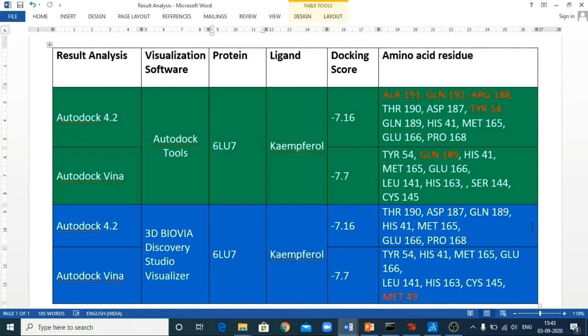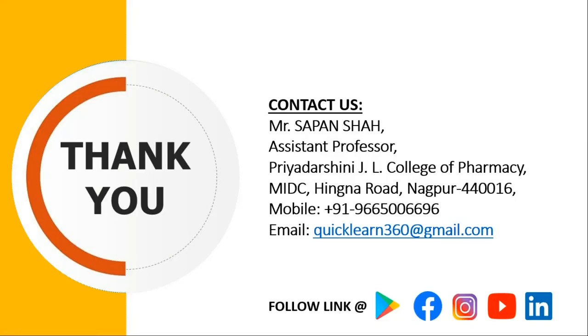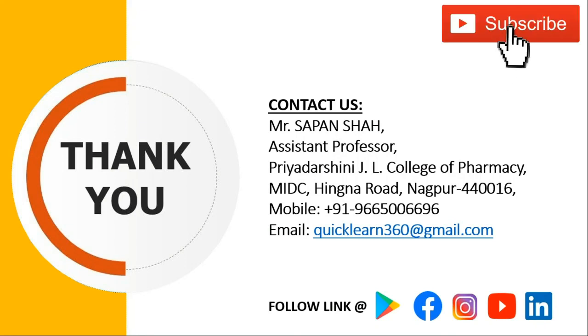Thus, depending on your ease of work and choice of method, you can go for any visualization software. So I hope this video has given you a concise use of Discovery Studio visualization software for studying amino acid interactions. In the next video, we will learn another method to find out the amino acids which are showing the interactions with the ligand molecule.